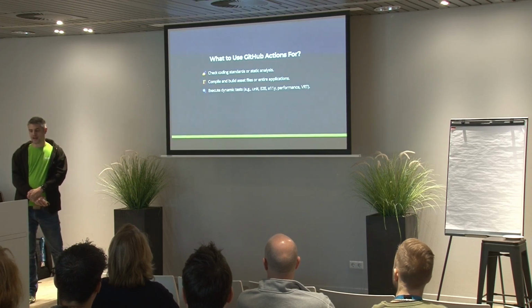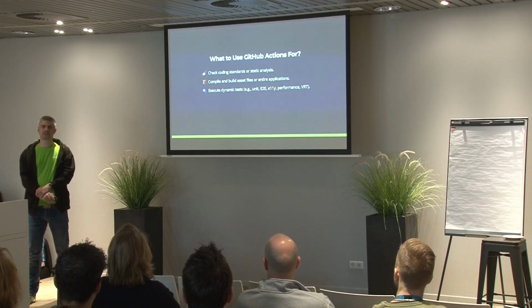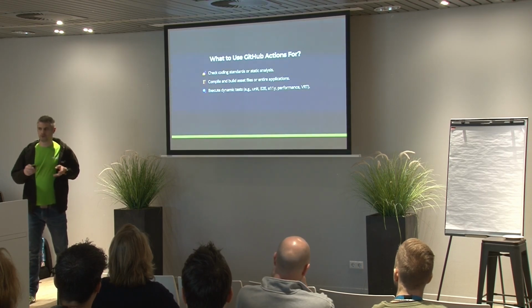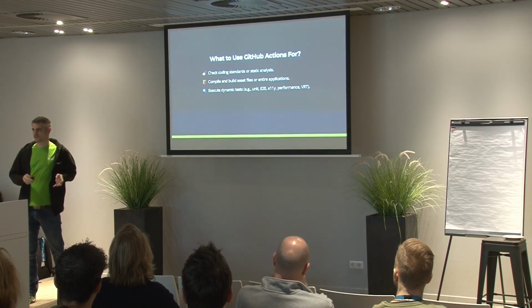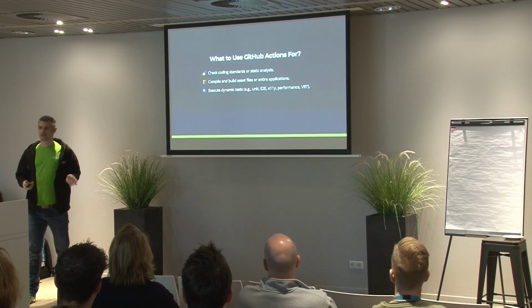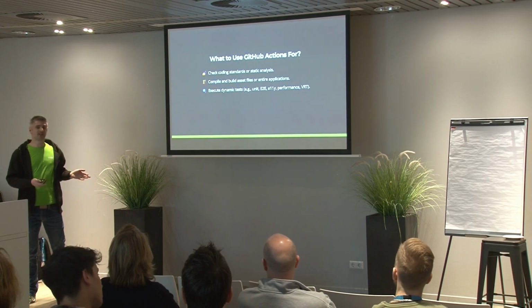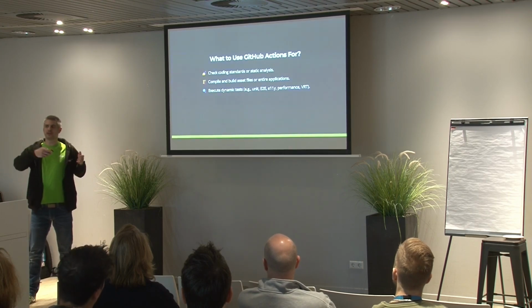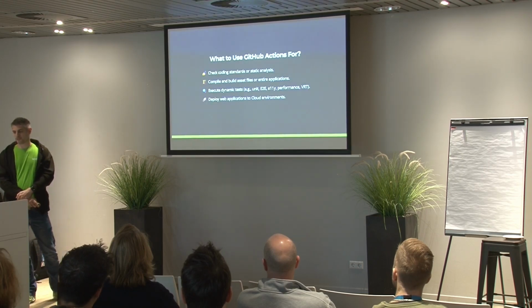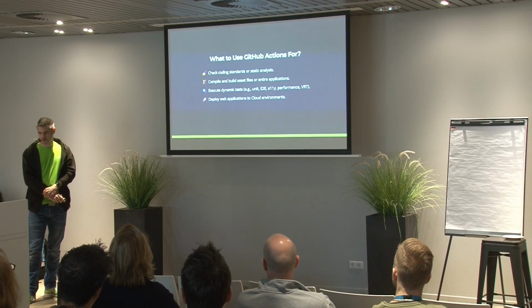You can execute tests, and this does not only mean things like, oh yeah, you have code and you can write, for example, a unit test or maybe even an integration or functional test. That could also be a performance test or accessibility tests or visual regression tests, whatever you want to do with that code, which could happen before or after deploying the code to some other server. And again, yes, you can deploy code somewhere.